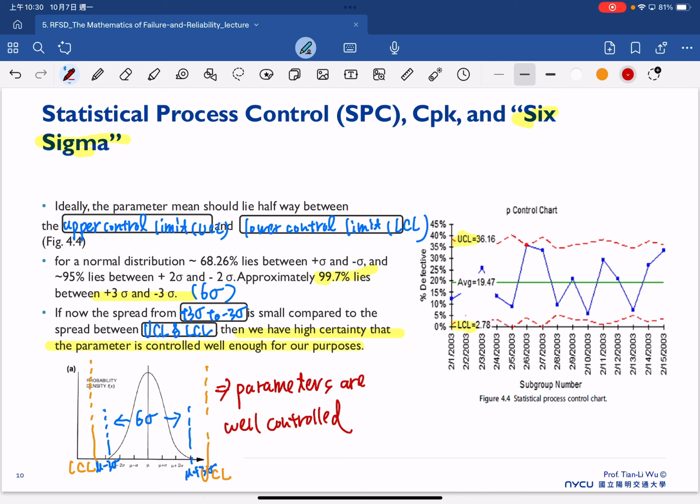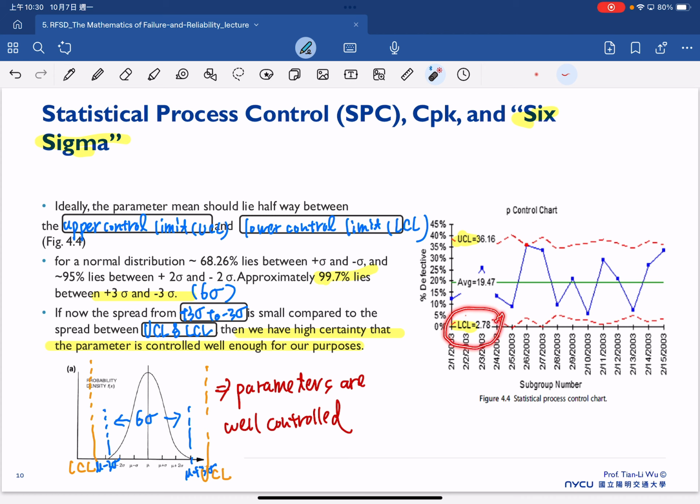So now you can see this is an example. This is a certain parameter deviation as the data shown here. This is the experimental data. You can find that the UCL is here and LCL is here.